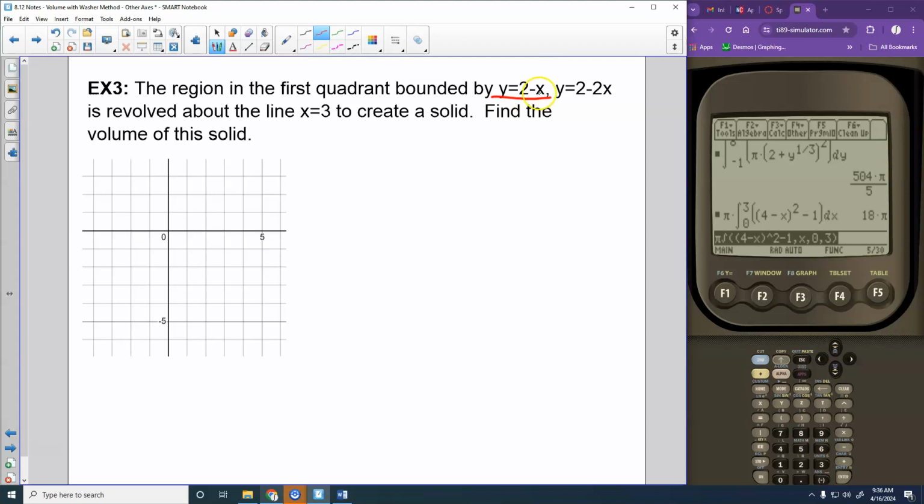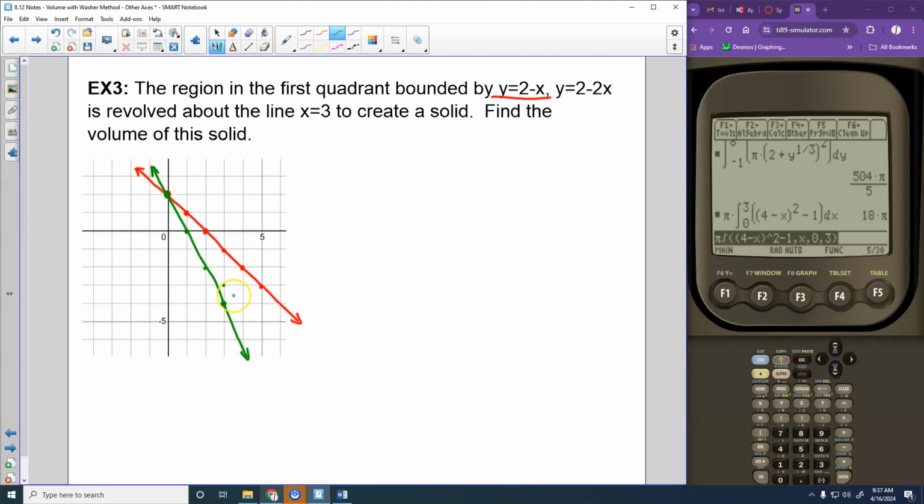All right, so 2 minus x is going to have a y-intercept at 2 and a slope of negative 1, and will look like this here. And 2 minus 2x, I think I need to go make a new graph for this one. Down 2 to the right 1, it would look like this.